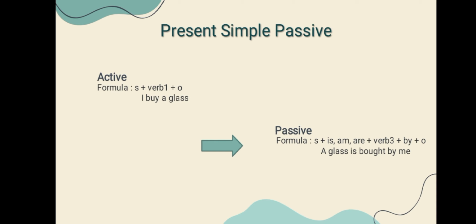If we put it in a sentence, it's going to be I buy a glass. And then for the passive form, subject plus is, am or are plus verb 3 or past participle plus by plus object. So it's going to be a glass is bought by me.